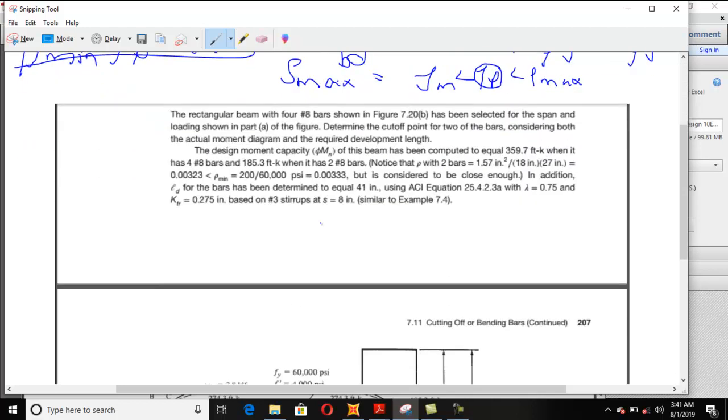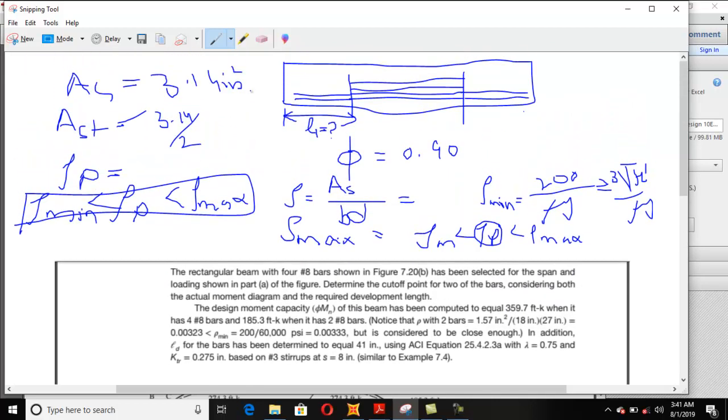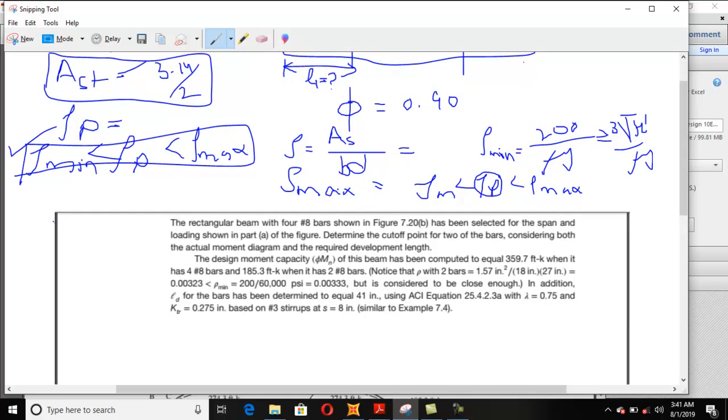So basically he did this check here. Whenever you are using your Ast, first of all you need to do this check, and then you need to determine the moment capacity. If this check is okay, then you proceed further, and if this check is not okay, then you can't cut off 2 bars, then you need to continue 3 bars.